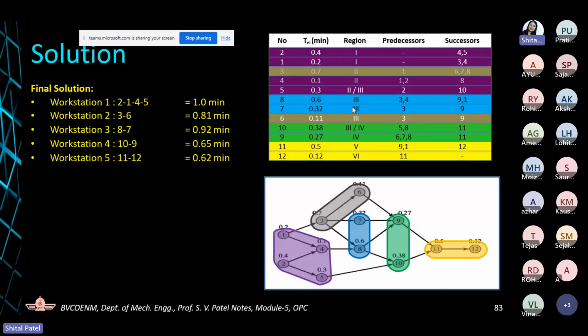But the difference is that along with the largest candidate rule and this Kilbridge-Wester method, this method is comparatively easier, and the allocations also give you minimization of idleness of the workstations, right? So if you compare both, here it is evenly distributed, there it is a little unevenly distributed. Am I clear with this?